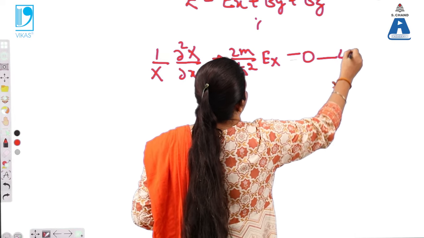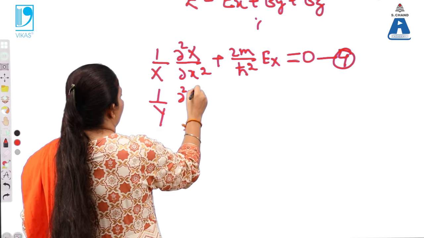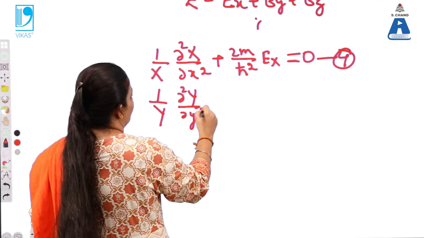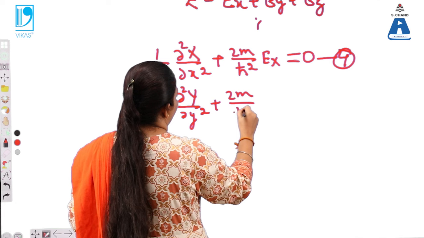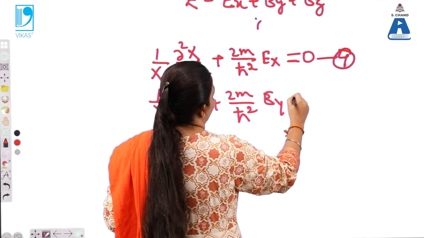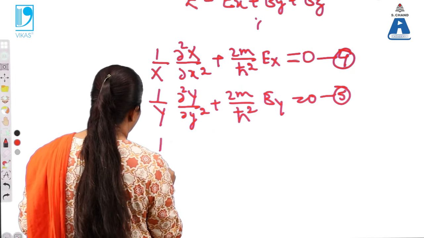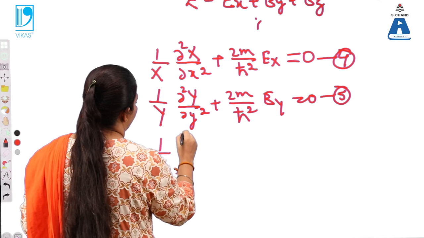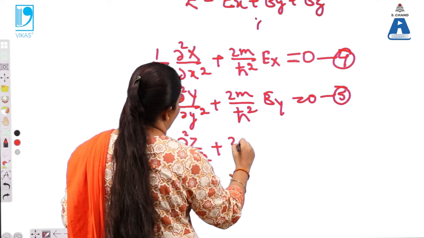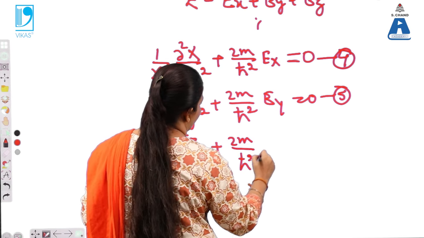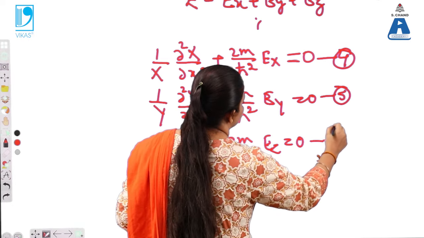So, write this as equation number 4. And similarly for z, plus 2m by h bar square Ez, that is equals to 0. So, this is the equation number 6.